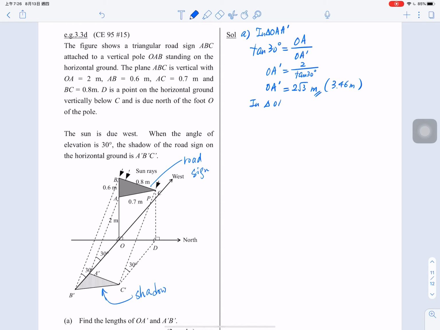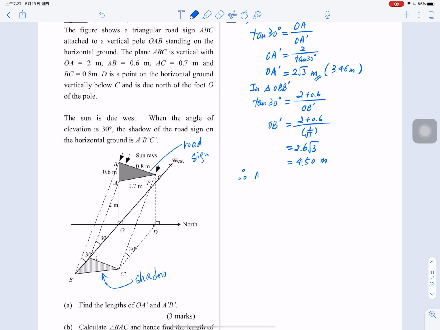So I use this triangle OBB'. Again, tangent 30 degrees equals the opposite side 2 plus 0.6 meters over OB'. We find OB' first, later on to find A'B'. So OB' equals 2 plus 0.6 over, you can directly substitute, 1 over root 3. Actually just the same, 2.6 times root 3, and you found that this one is 4.50 meters.